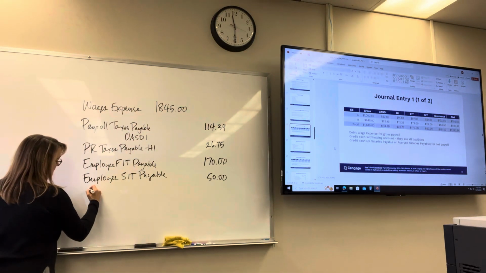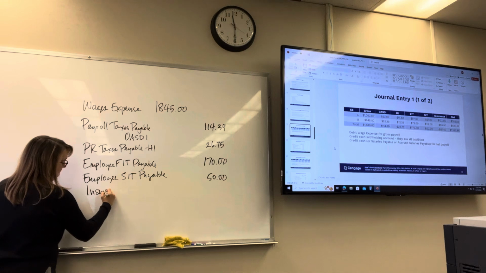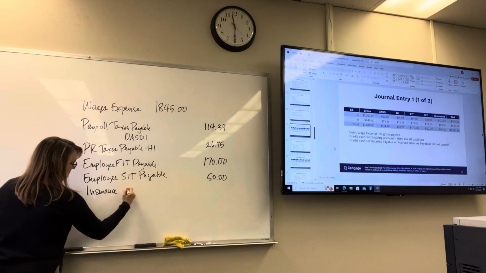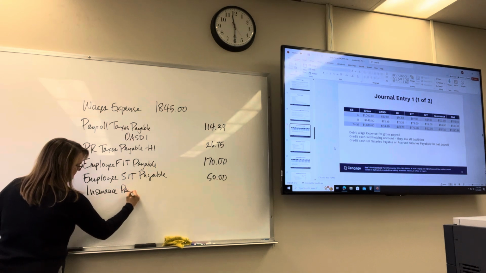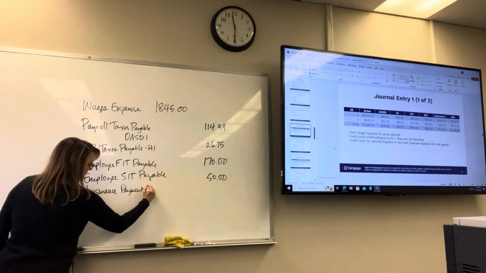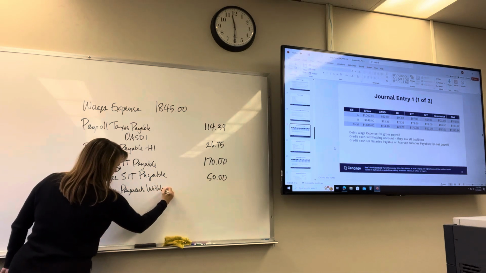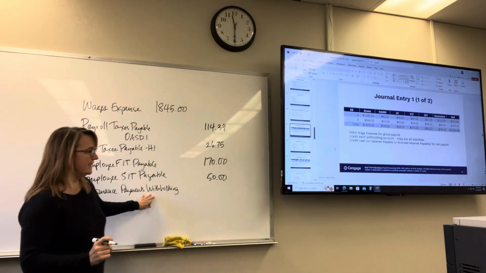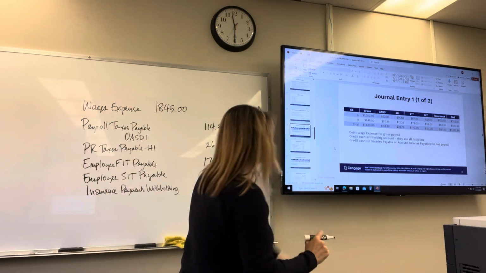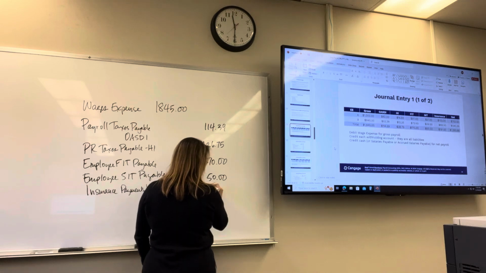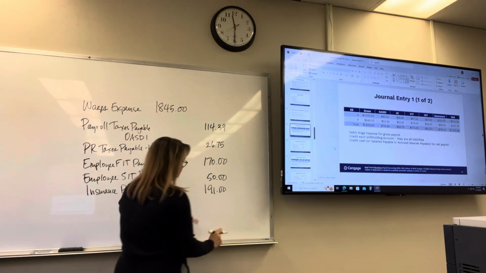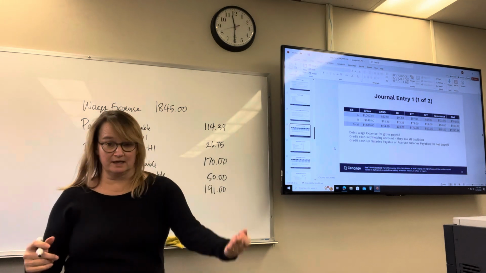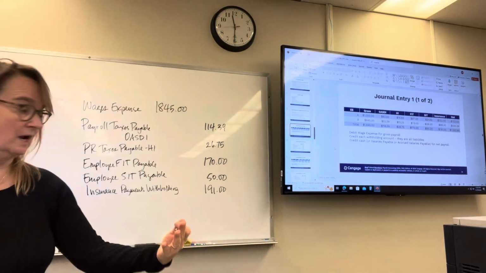So, the reason that this is probably not a payable account is because the full amount has already been paid by the company. And this is essentially just the employees paying the company back for their portion of it.